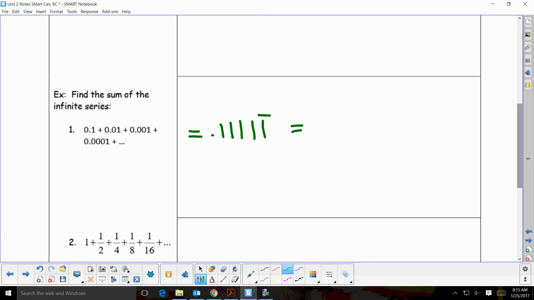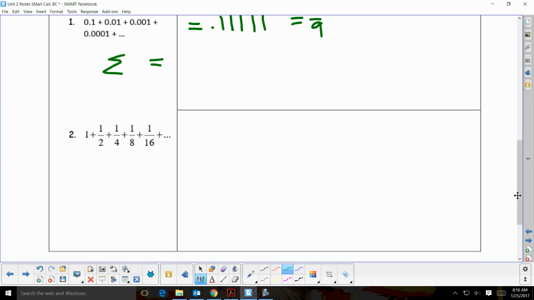That guy is equal to 1/9. Okay. So this guy right here, we could try to write it in the summation form, but I know that this guy is going to equal 1/9. So this series converges. And in fact, we found what it converged to. Yes? Okay, let's look at the next one.